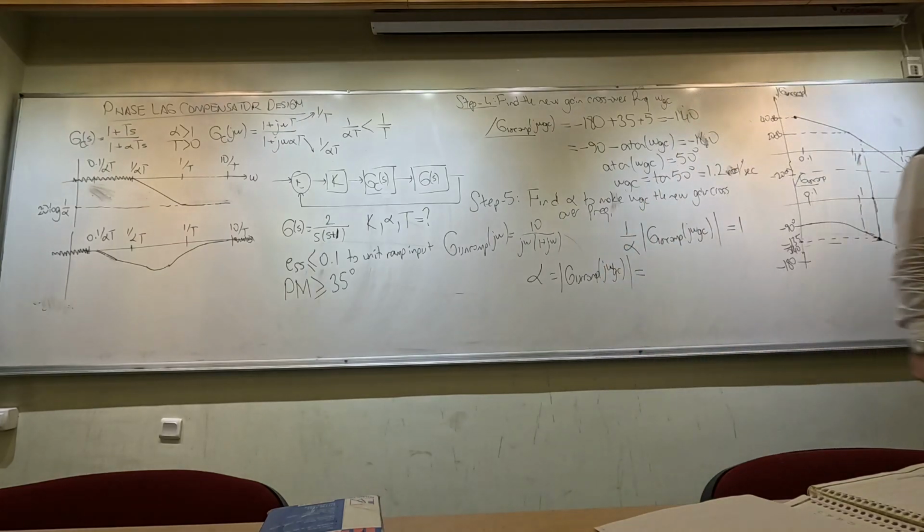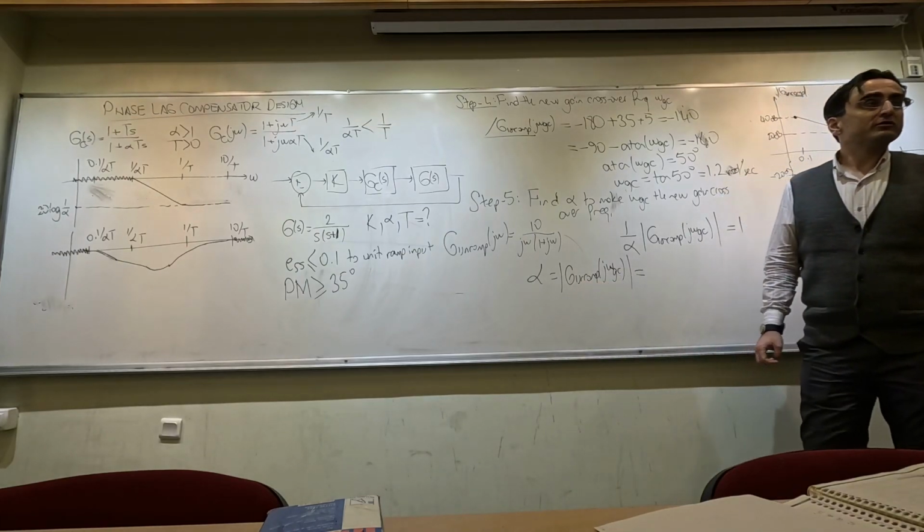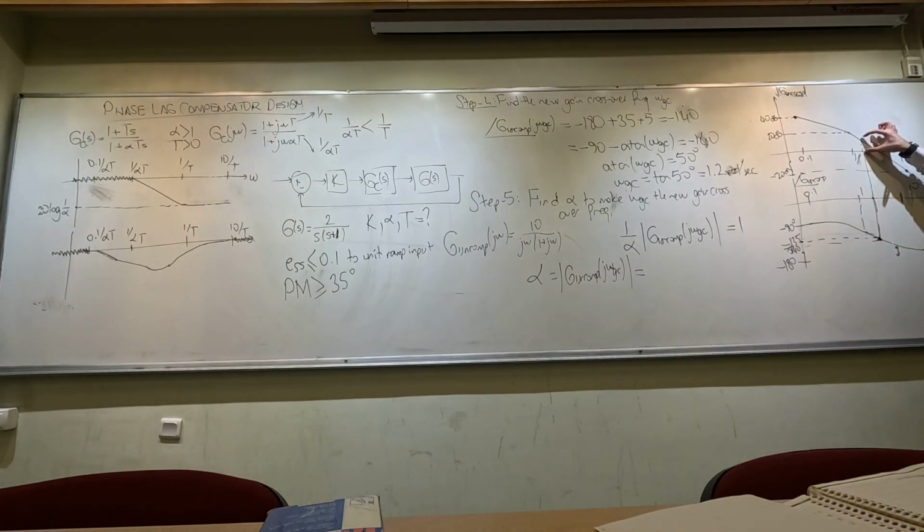I know that it's going to be something larger than 1. How can I know that this number is larger than 1? Yes, in dB scale it's already positive, so I know it's a number larger than 1.